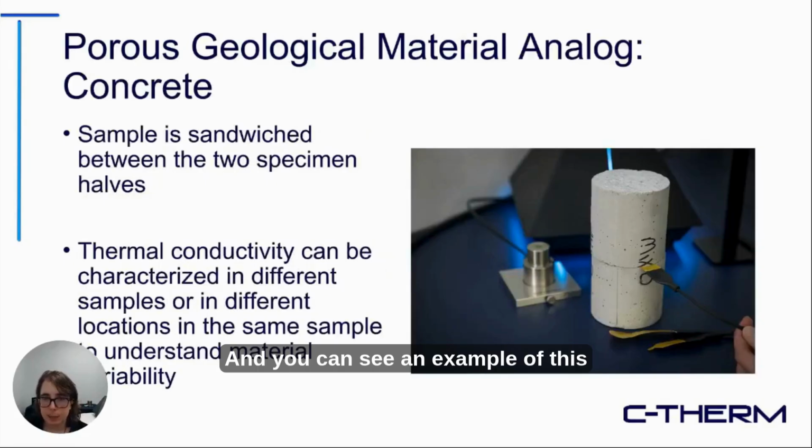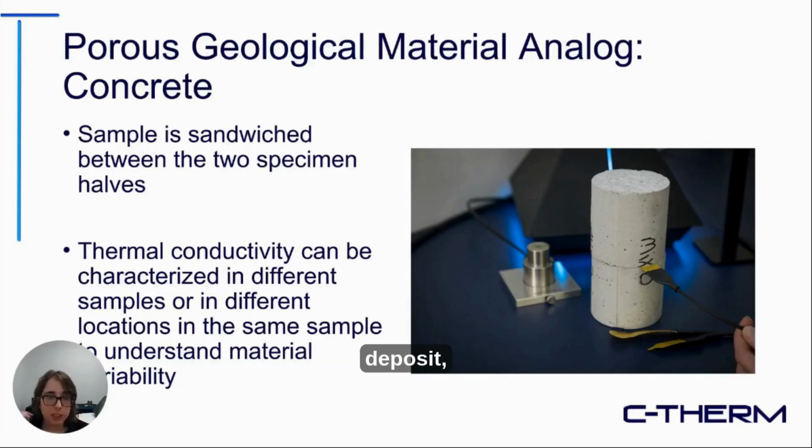And you can see an example of this in this photo here, where we're testing a concrete as an analog of, for example, a concretion type of deposit, which you can find often in, for example, some volcanic tuffs.